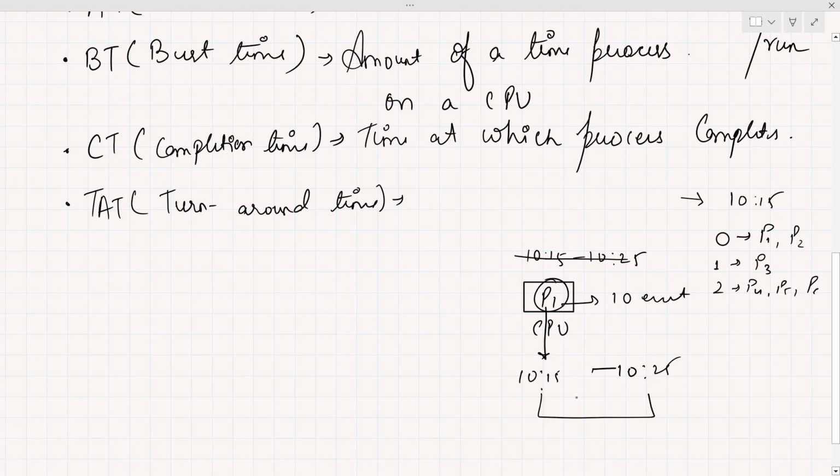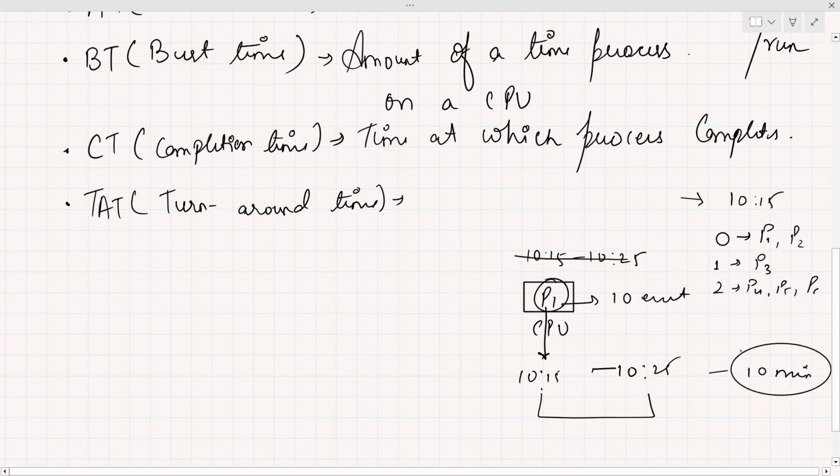The amount of time the process spent in the CPU was from 10:15 to 10:25, meaning it spent 10 minutes in the CPU. So these 10 minutes are basically the turnaround time.